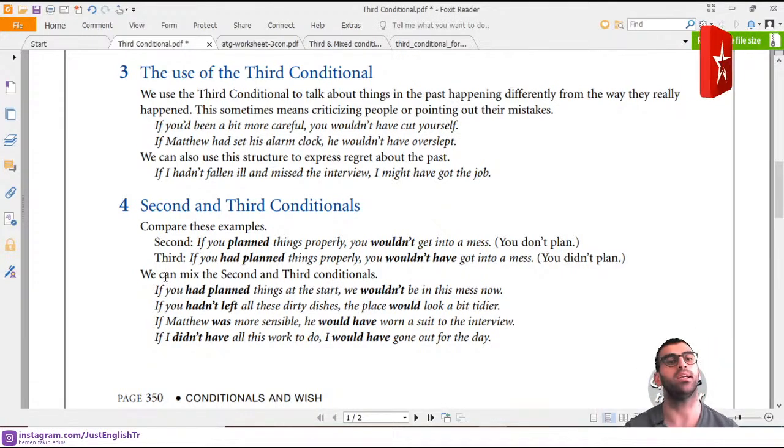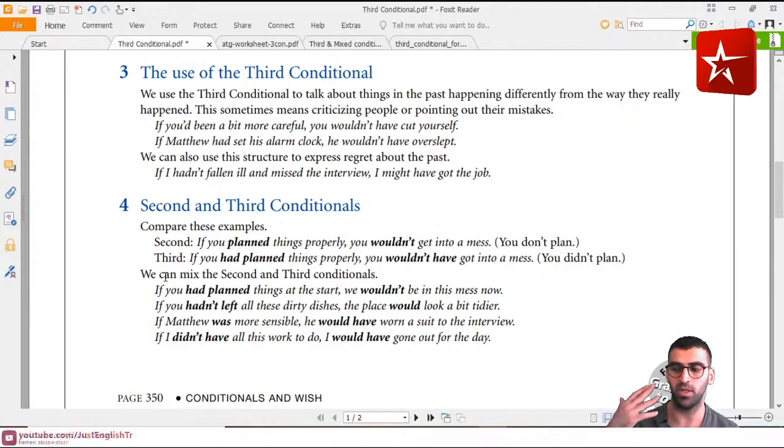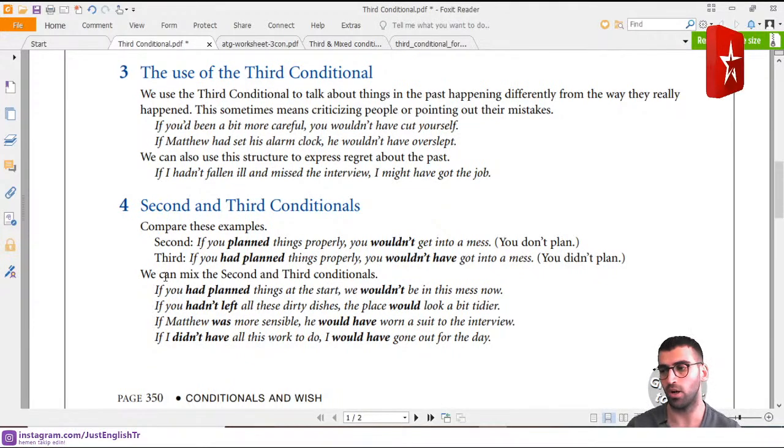It's a kind of hypothetical imagination. You imagine that if I had $1 billion, I would buy a house in California, or I would buy a Ferrari. So this is a hypothetical, imaginary situation.